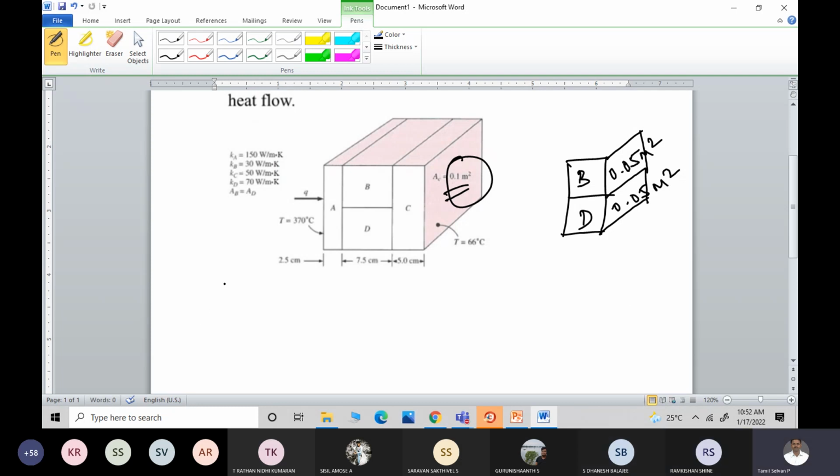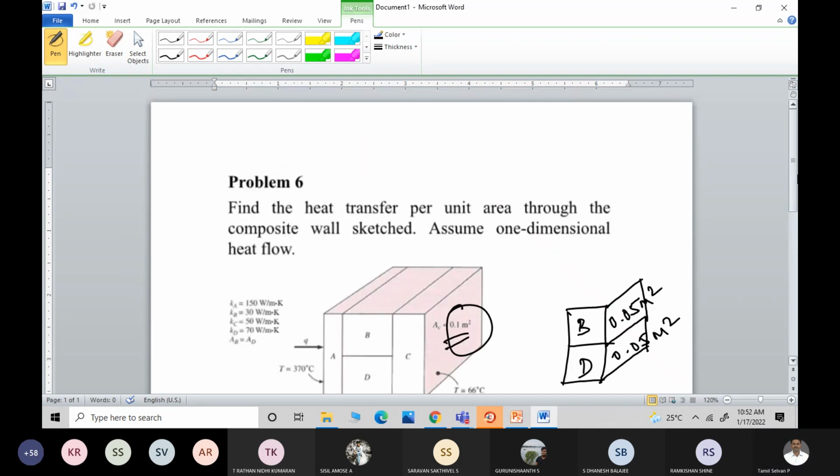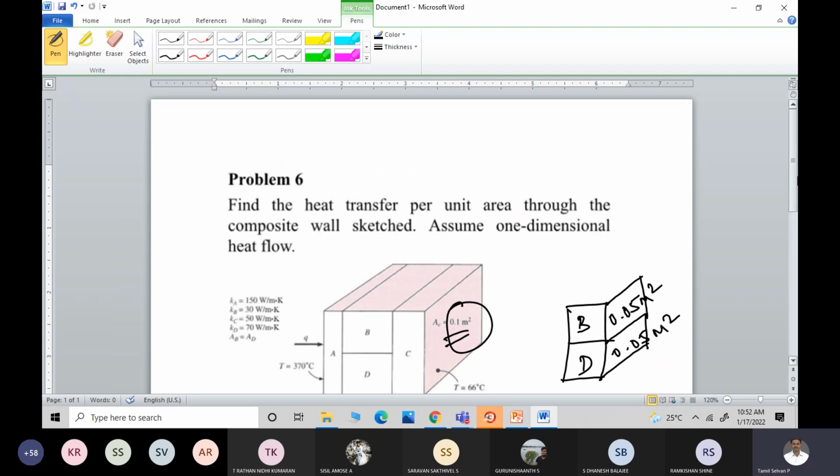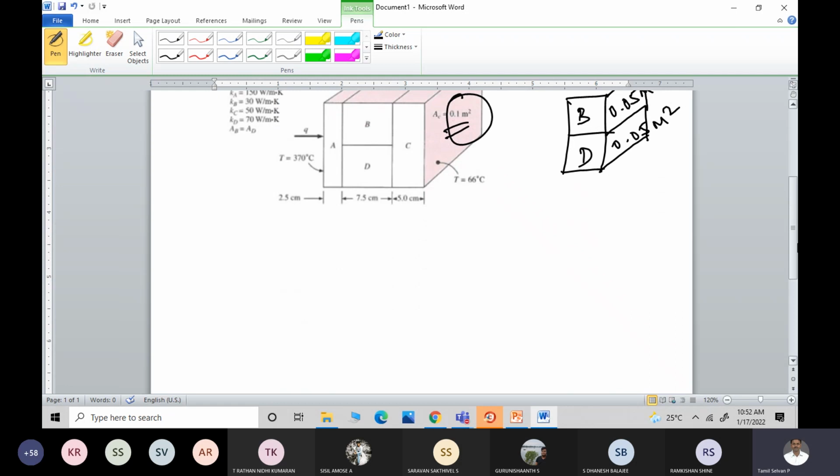Now, first, let us see what is asked in the question. Find the heat transfer per unit area. So Q is the one which is asked, right? We know that Q is equal to, let this be T1, T2, T3 and T4, T1 minus T4 divided by all the resistances.